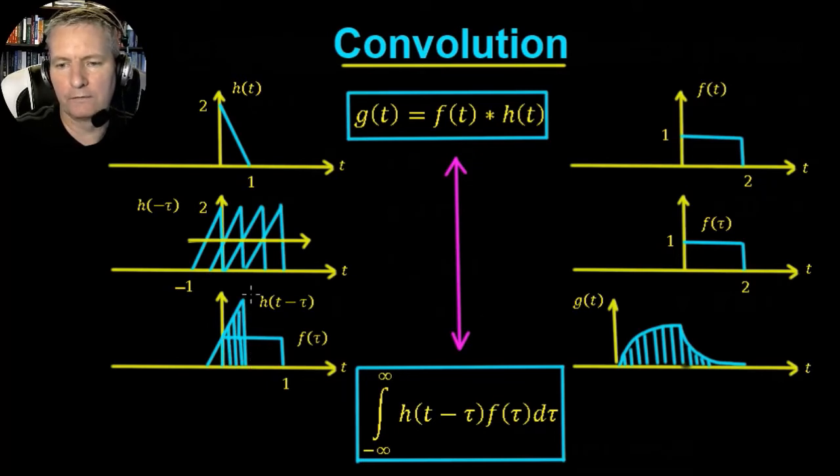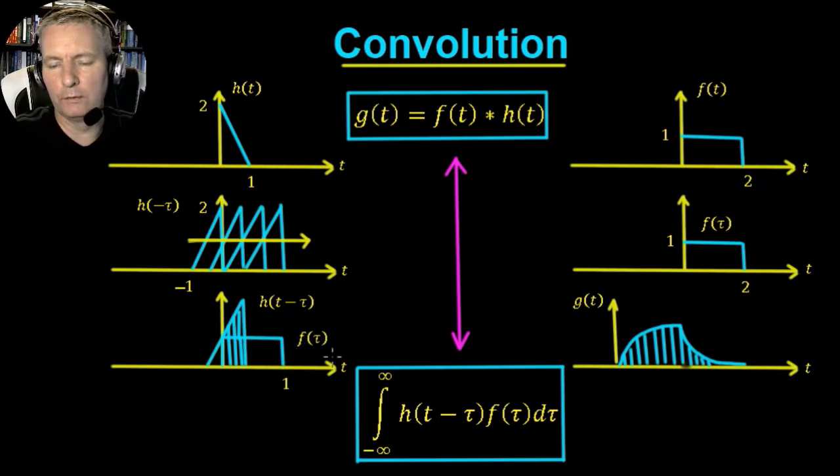Well, that would be h of t minus tau times f of tau. And you can see that if this were to move all the way in, so the triangle sits all the way inside this little box, then the full triangle area would be defined, and as it moves further out, only part of the triangular area will be defined.